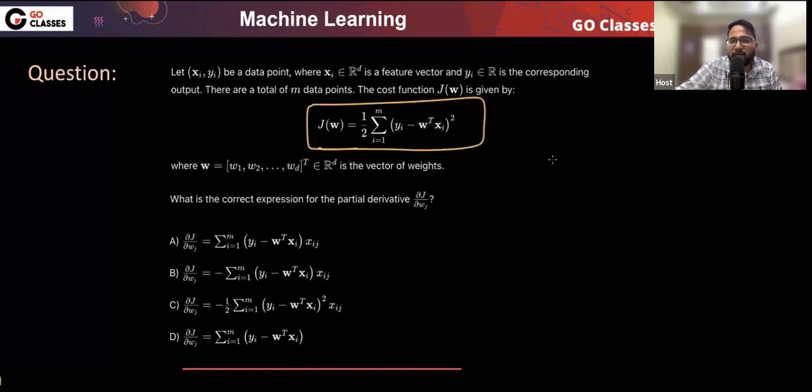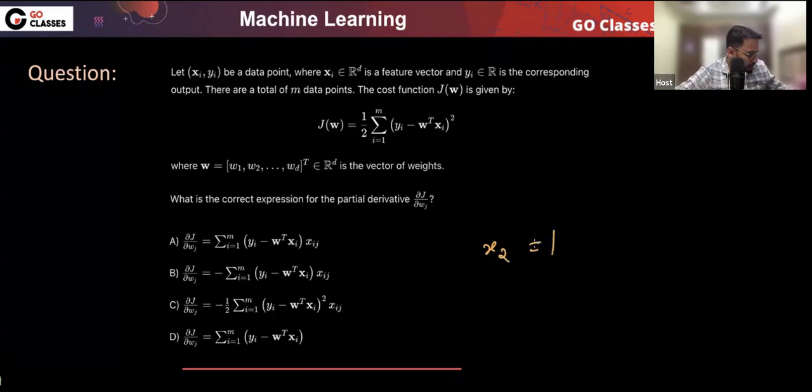Probably they are implicitly assuming x1 is 1, or one of the features is 1. Will it matter if x1 is 1 or x2 is 1, where you append the ones? No, right? So they are automatically taking care of this. You don't need to worry about the bias. They have the generic form x1 to xd, and one of them could be ones.